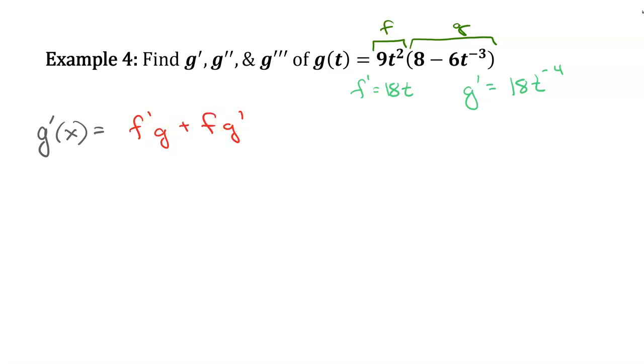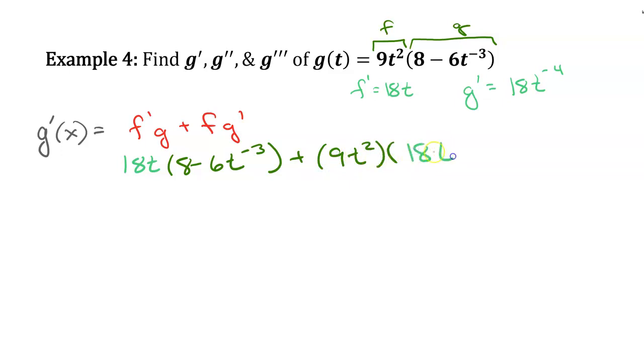So f prime 18t times plus g prime. There we go. Simplify.